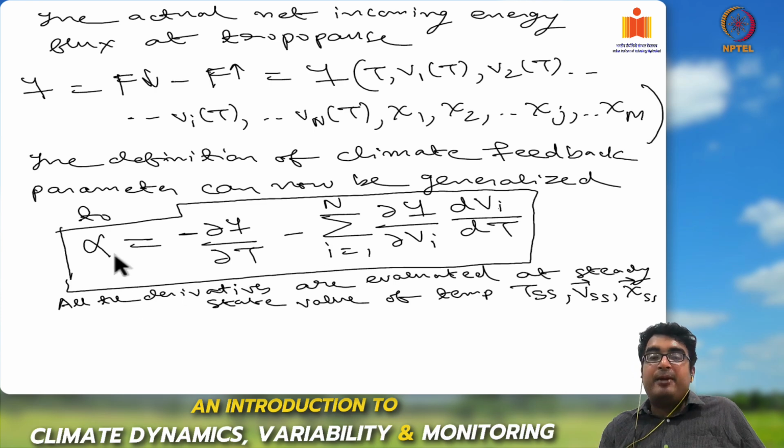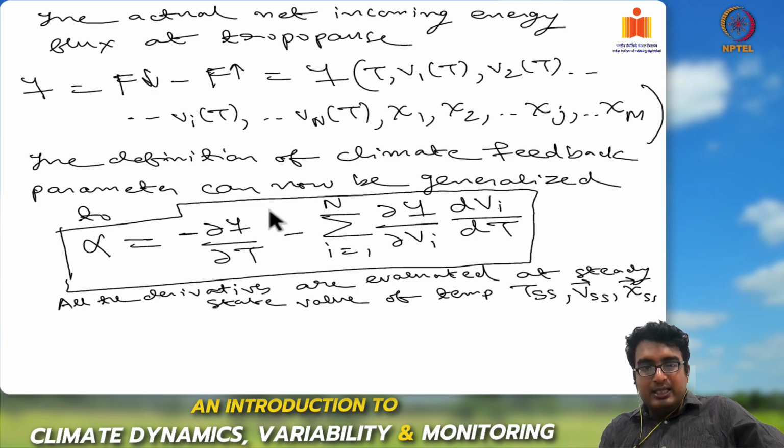The climate feedback parameter, the complete expression, then becomes minus del F del T, the gradient of this net incoming flux with temperature at the steady state greenhouse gas concentrations, minus summation i equals 1 to n, that is over all these variables, del F del Vi into dVi dT, the gradient of the net incoming flux with the temperature-dependent variables Vi into the gradient of these variables with temperature, summation of that.